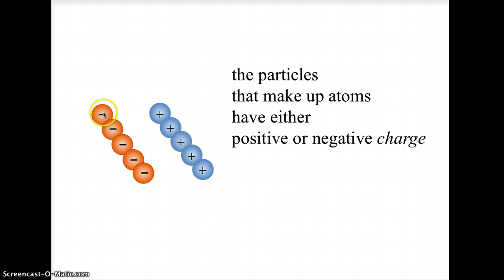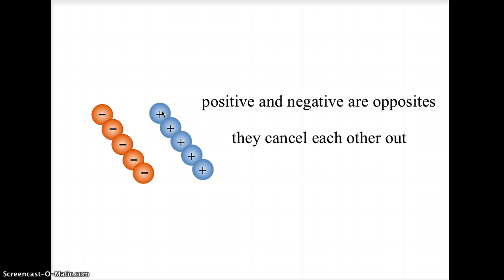In this case, this orangish color is negative, this blue is positive. And if you have the same number of each, they cancel out, right? 1 positive and 1 negative equals 0. There is no net charge. So as long as you have the same number of protons and electrons, so this being an electron, this being a proton, you're going to have a neutral atom. Those two charges will cancel out.